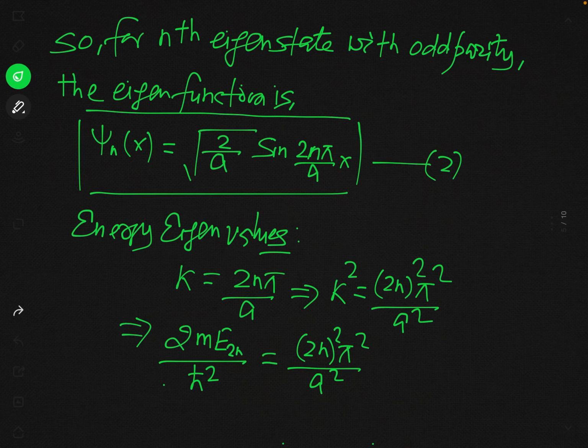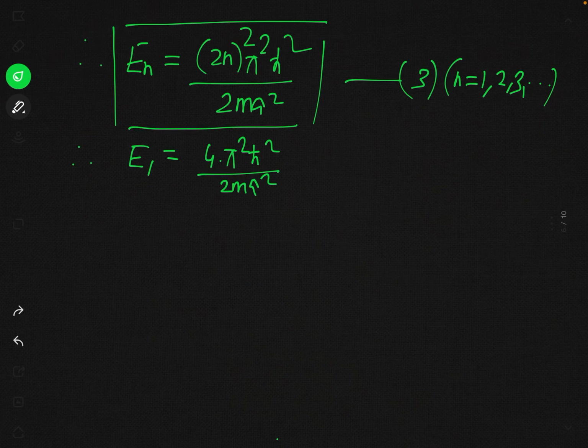So when you take n equal to 1, the energy should be written as E2.